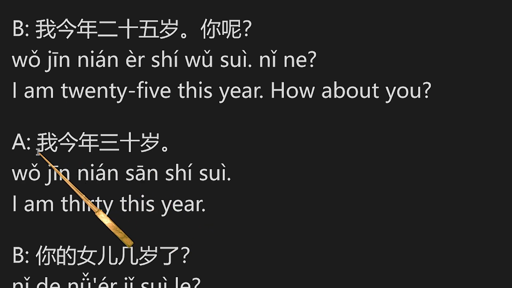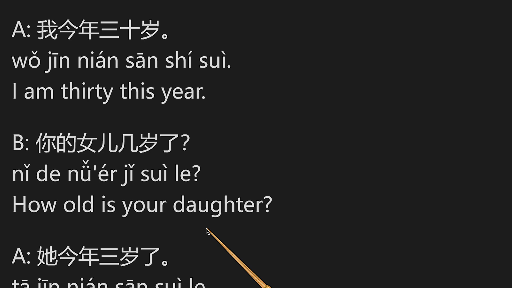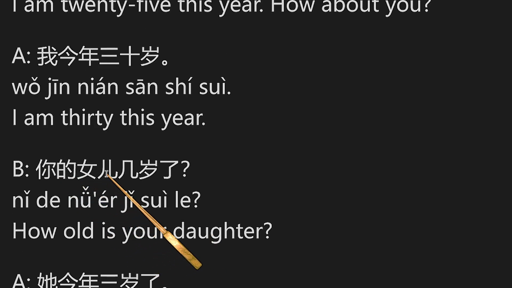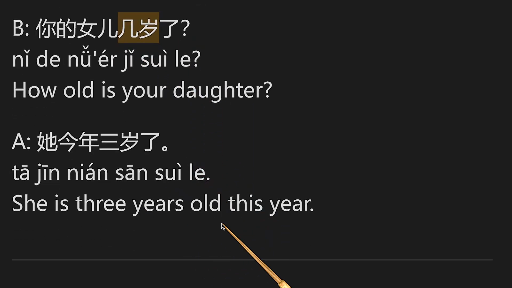So it's 30. 我今年30岁。How old is your daughter? 你的女儿几岁了？岁了。Your daughter 几岁, how many years does she have? How old is she? 几岁了？She is 3 years old this year.